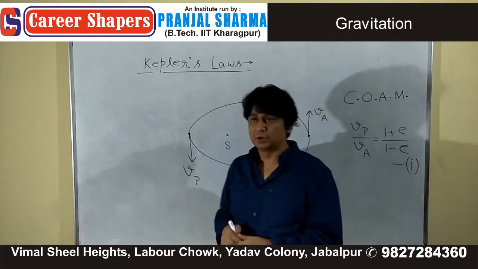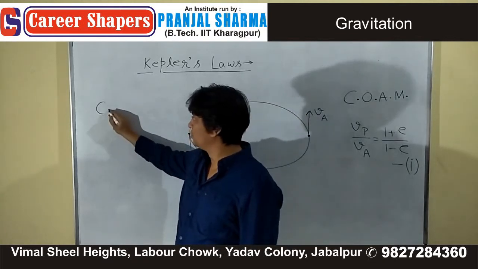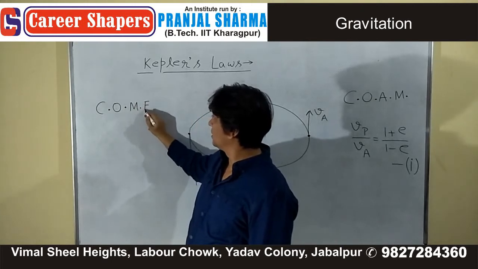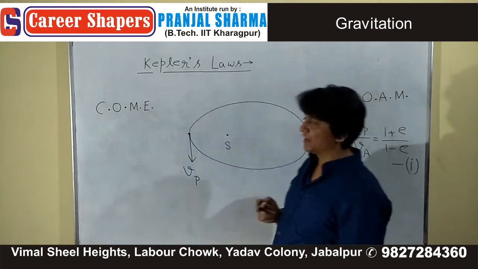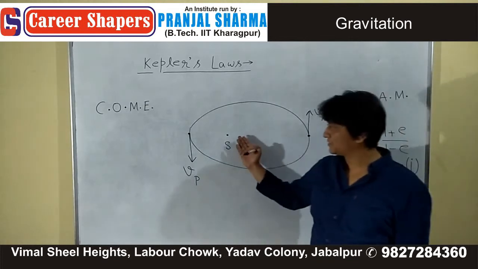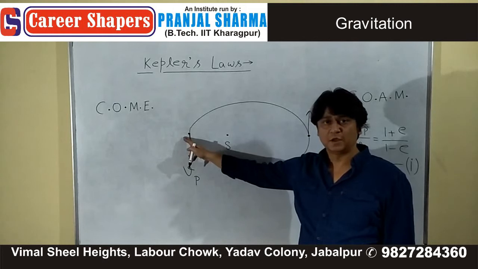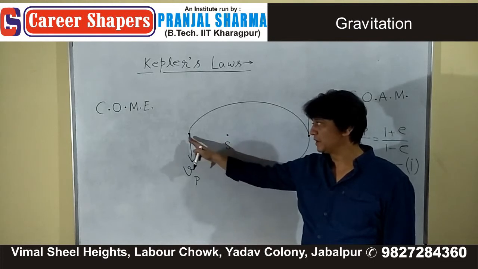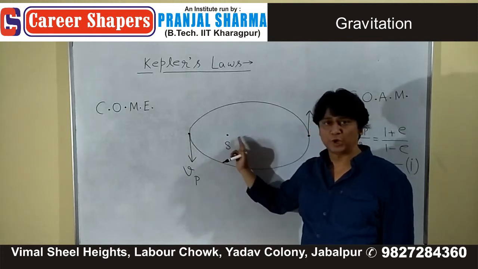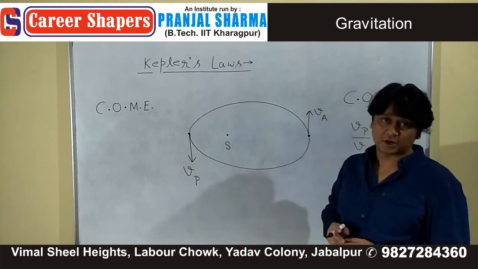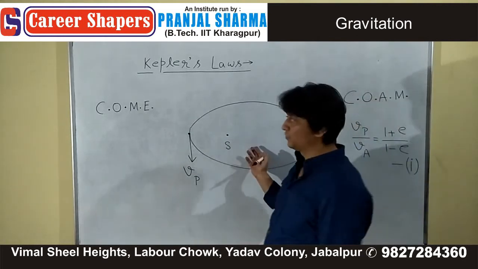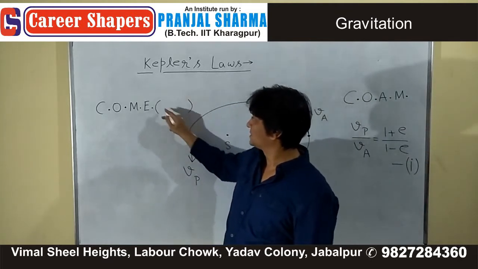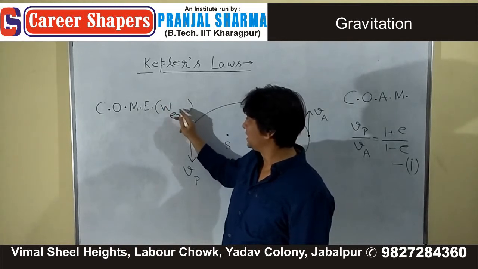For the second equation, we will be using COME, conservation of mechanical energy. On the system of Sun and the planet, there are no external forces. Sun is pulling the planet, planet is also pulling the Sun. There are no external forces, and if there are no external forces, no external work is being done.